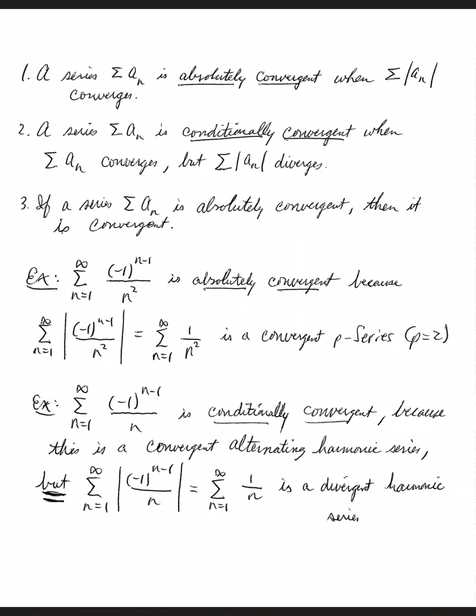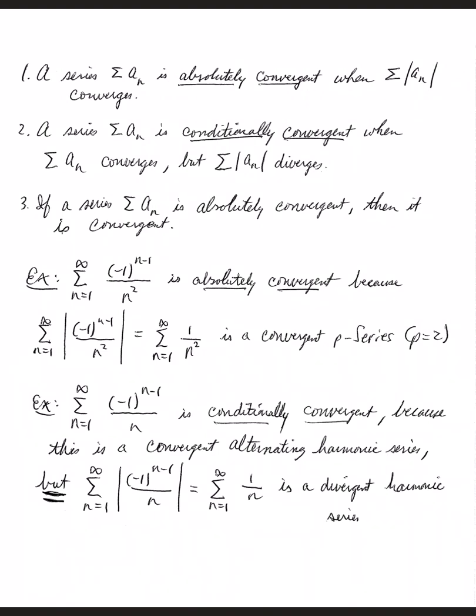Let's investigate some examples. The sum from 1 to infinity of negative 1 to the n minus 1 over n squared. This is absolutely convergent because if I take the absolute value, it gets rid of the alternating signs. It's always positive 1 over n squared, and we know that by p-series, this is a convergent p-series.